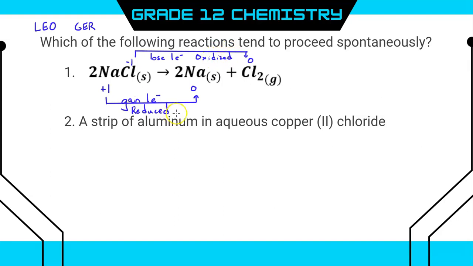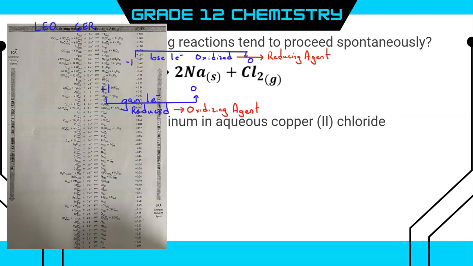Now, if sodium is being reduced, we say it is the oxidizing agent. I know this is confusing. It's the opposite. And if chlorine is being oxidized, it's the reducing agent. So now that we know that sodium is the oxidizing agent and chlorine is the reducing agent, we're going to look at this chart, which is the relative strengths of oxidizing agents and reducing agents.